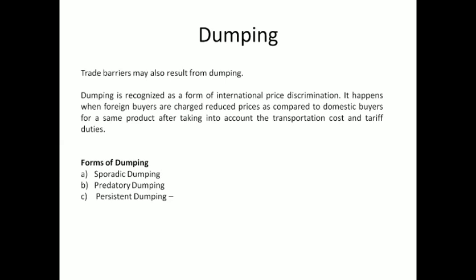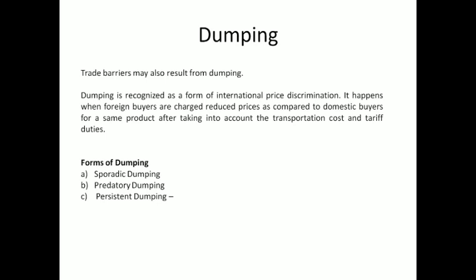in the foreign market. What is persistent dumping? This is a continuous tendency of a domestic monopolist to maximize total profit by selling the commodity at a higher price in the domestic market than in the international market. So he basically wants to maximize his profit from both the markets together, by selling at higher prices in the domestic market and at lower prices in the foreign market.